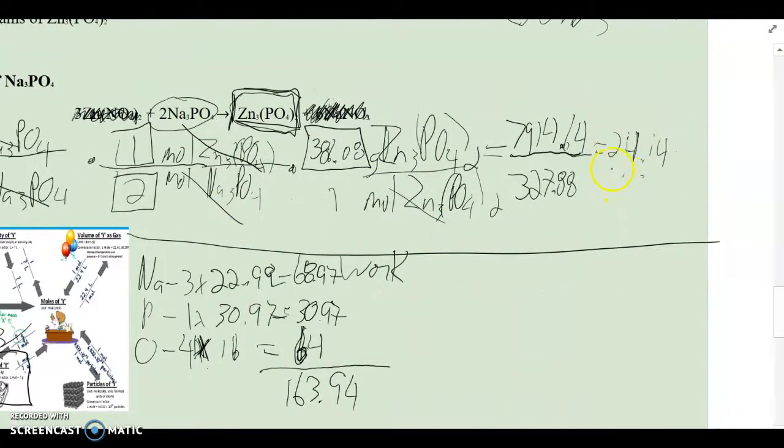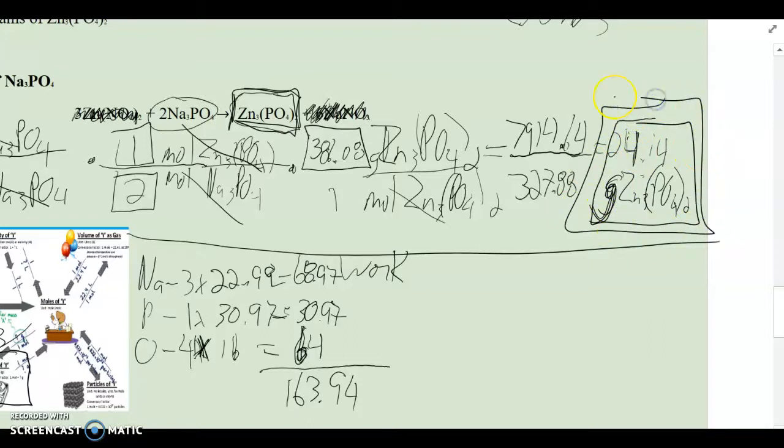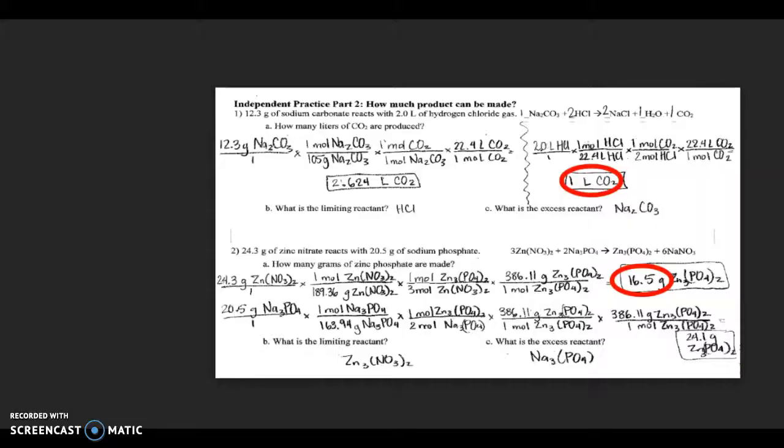24.14. I'm going to write down here because I'm running out of space. Grams, Zn3(PO4)2. Alright, let's see how close I was to the answer key. Drum roll. Let's see, 24.14.